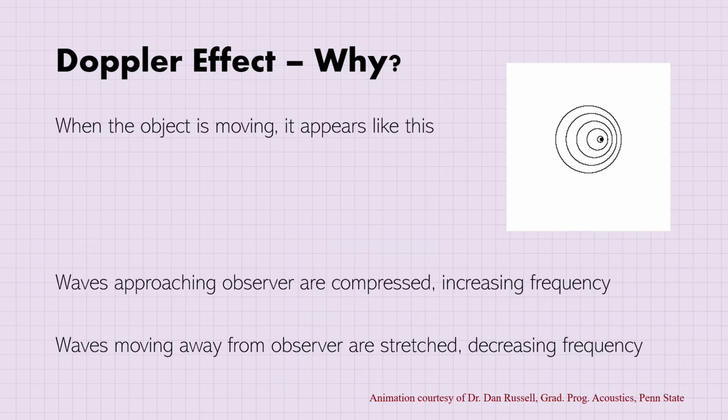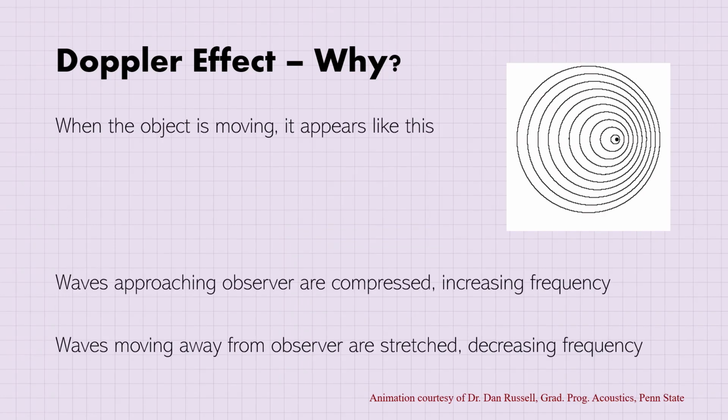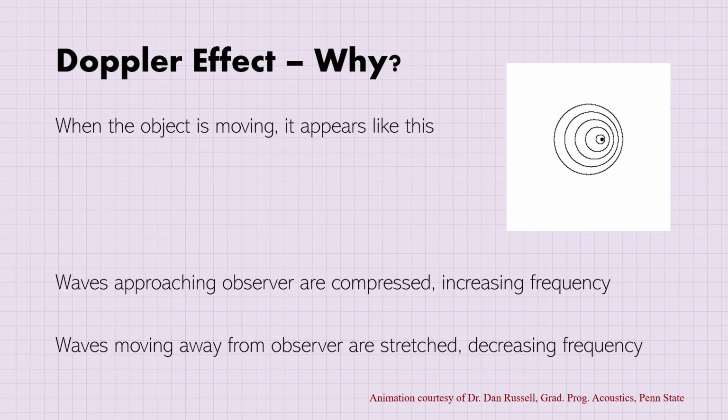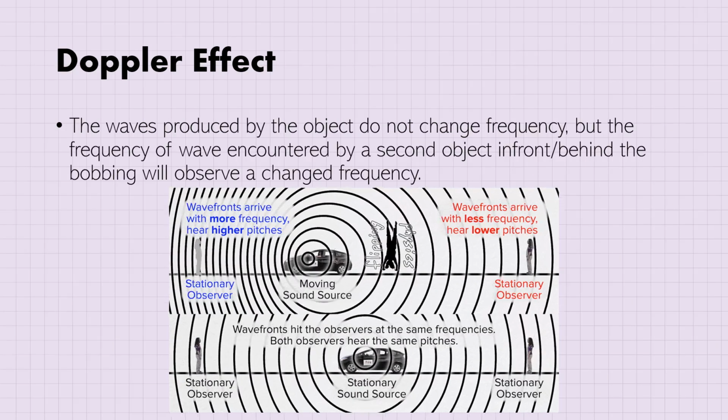Whenever this object starts to move, the waves approaching an observer, so let's say I have a person sitting in front, like this object is moving towards me, and I am on the right of it, the waves approaching the observer are compressed, and I perceive an increased frequency. The waves behind this object, if I am observing from behind the object, are stretched out, and it decreases the frequency that is perceived by the observer.